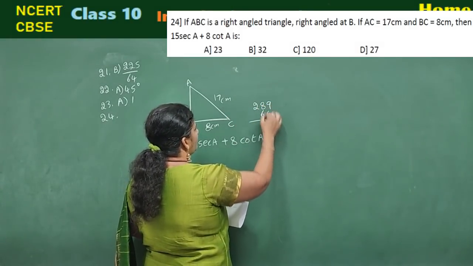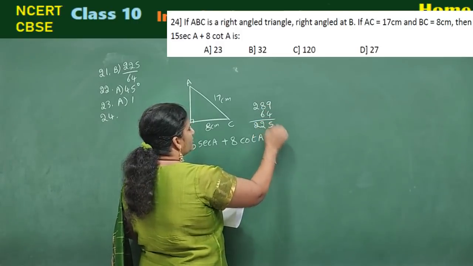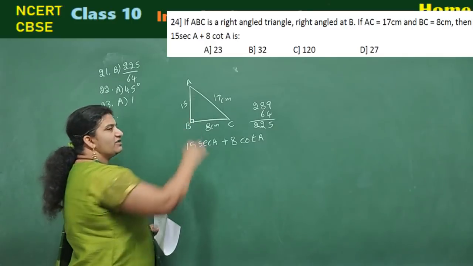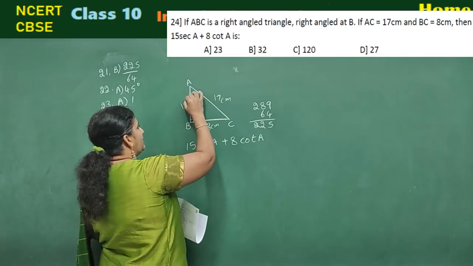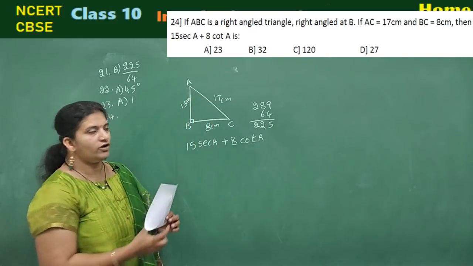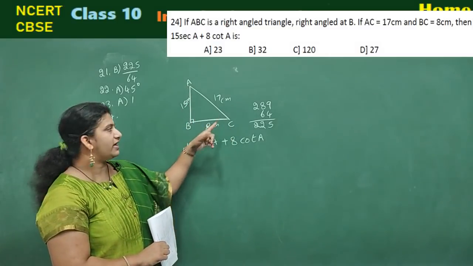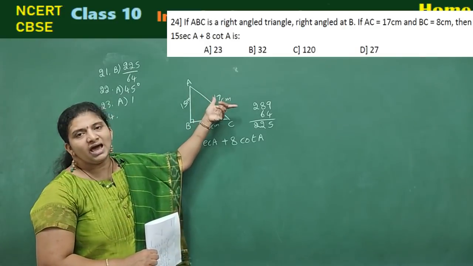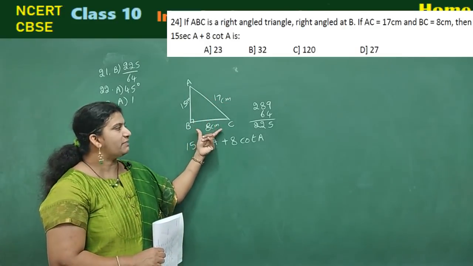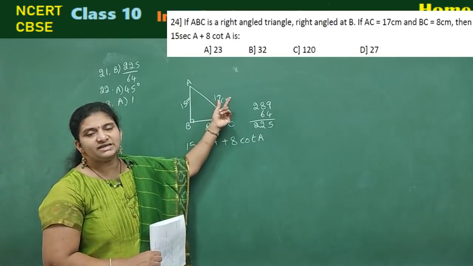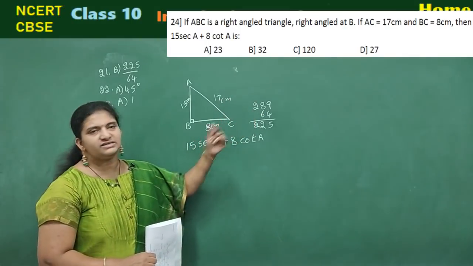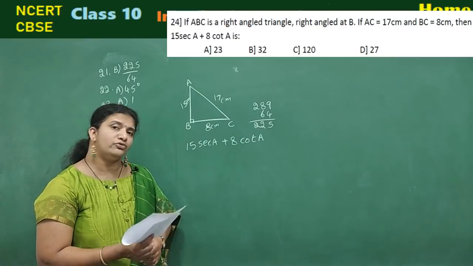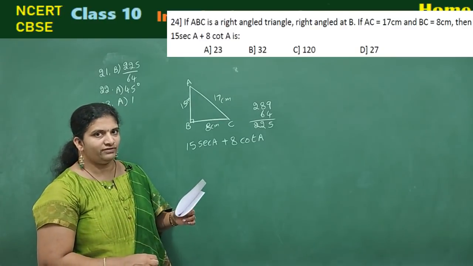Subtract these two: 289 minus 64 will be 225. Square root of 225 is 15. AB value is 15 centimeters.